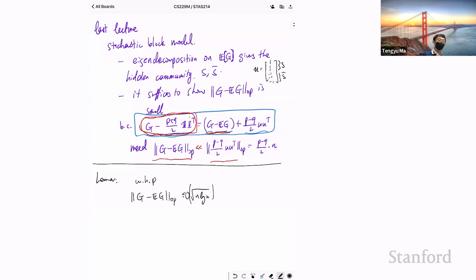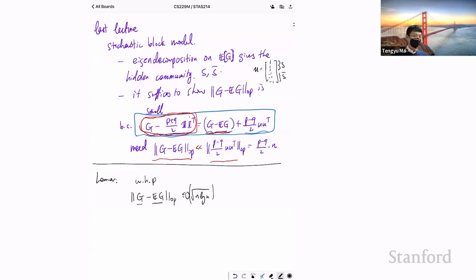Here it's a little different because G is a matrix and the expectation of G is also a matrix. You are doing some kind of matrix concentration, and your measure of similarity is not just the absolute value of the difference, but the operator norm of the difference of the matrices.